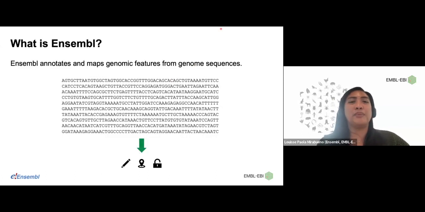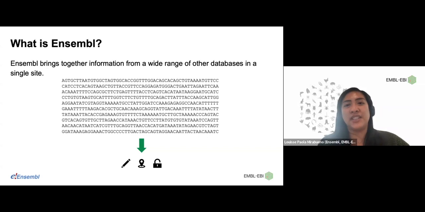Genome browsers map annotations and different features such as genes or variants to genomic regions, giving the genomic region value. And what Ensembl does is it brings together information from a wide range of other databases into a single site. You may have heard of NCBI and UCSC.